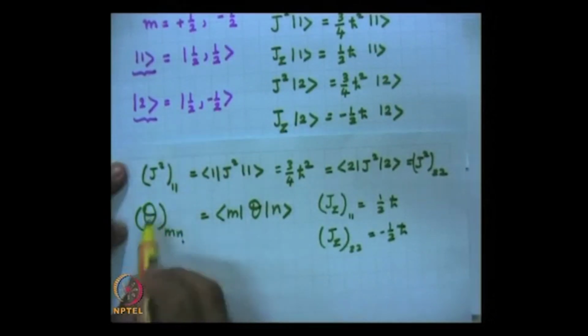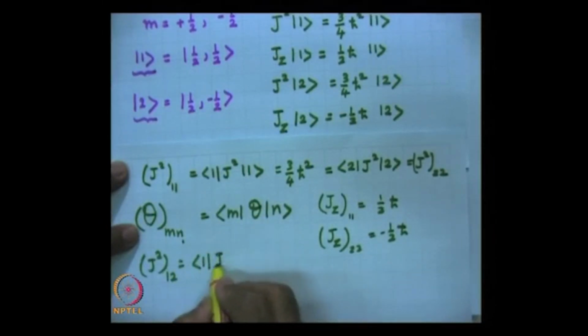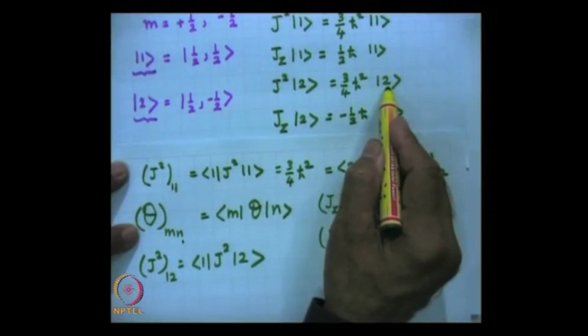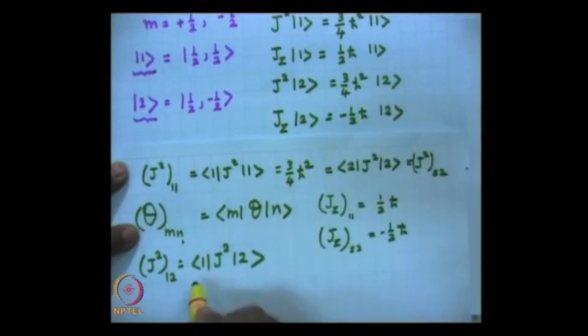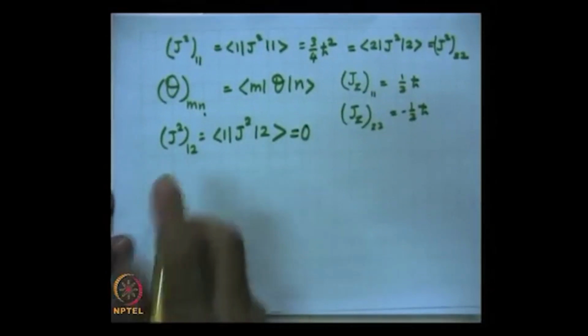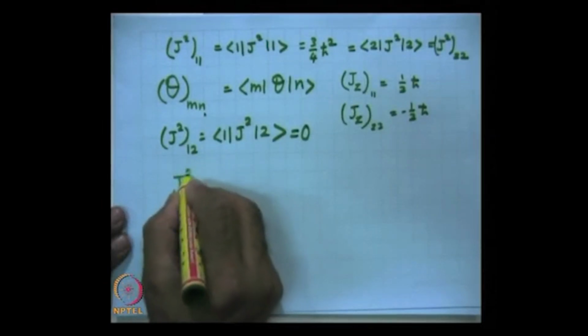Now, in this case, if I write down J square 1 2, so this will be bra 1 J square ket 2. So, J square ket 2 is proportional to ket 2, and then bra 1, this will be 0. So, we get the following matrix representation of the operator J square.